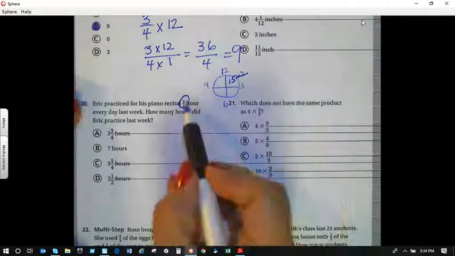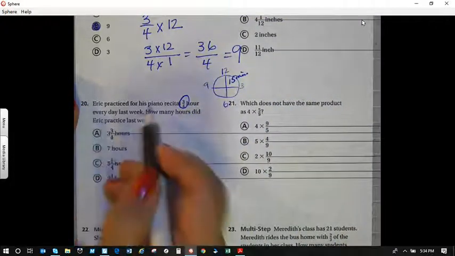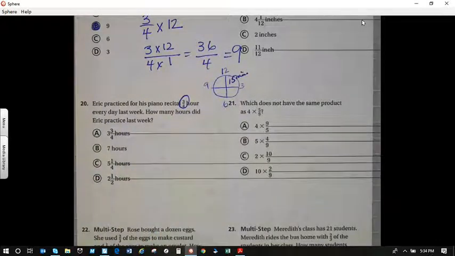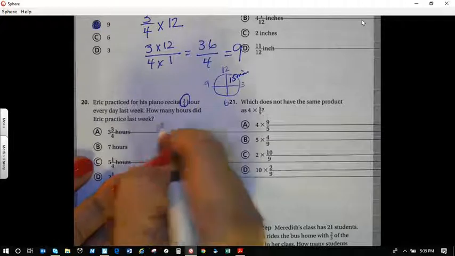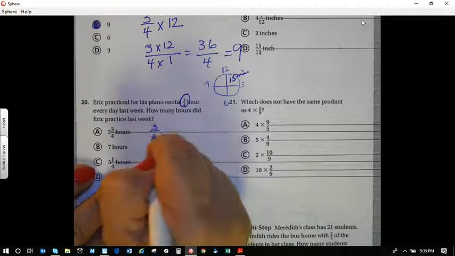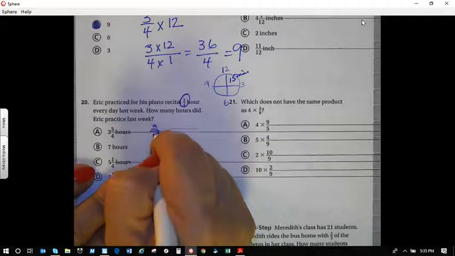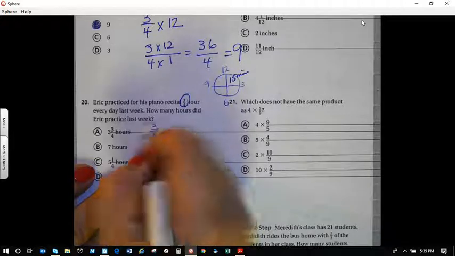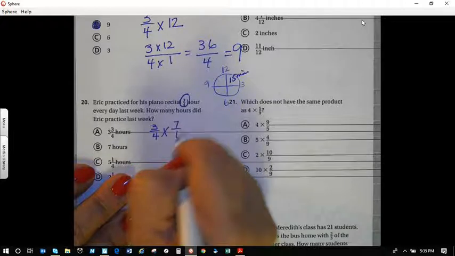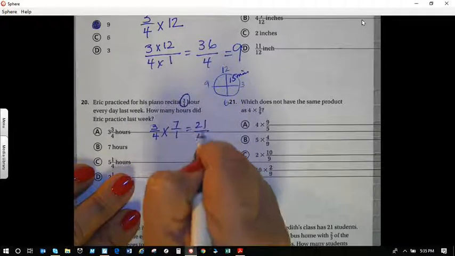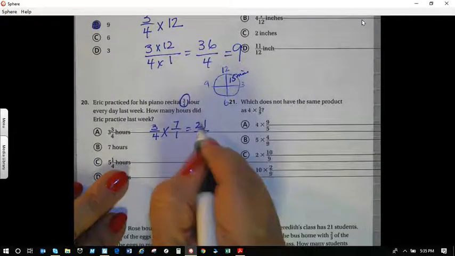All right, so it was 3/4 for every day last week. So how many days are we talking about? Don't say 5, because it didn't say school days. It didn't say business days. It says every day last week. So we have 3/4 times my 7 days. It's 21 over 4. 4 can go into 21.